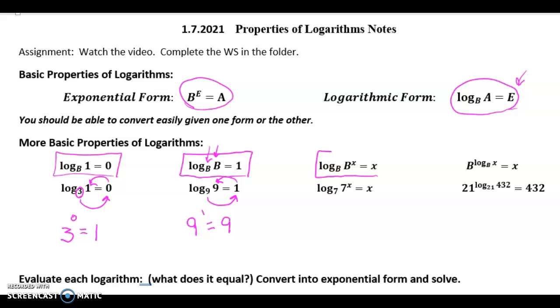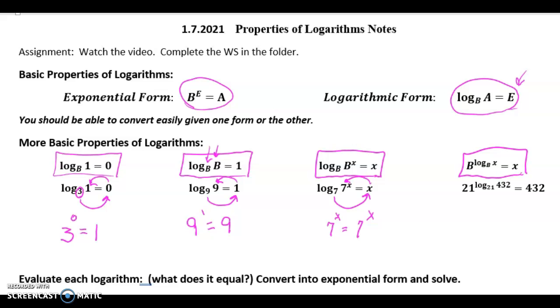Here's another property. Log base B of B to the x is equal to x. So here's an example. 7 to the x power equals 7 to the x power. That's quite redundant. Here's one you just have to memorize. I call it the Nike rule.